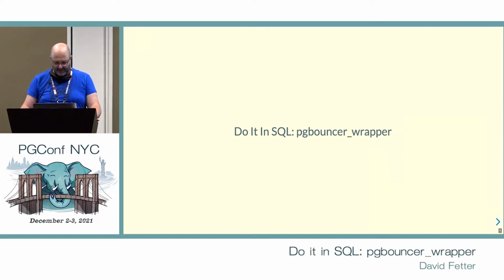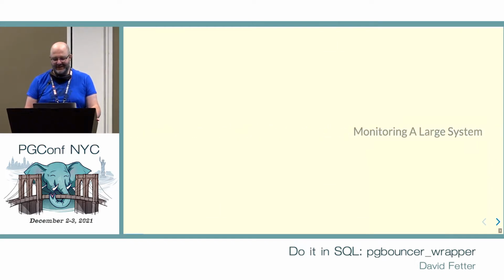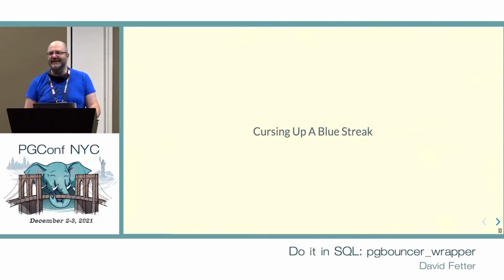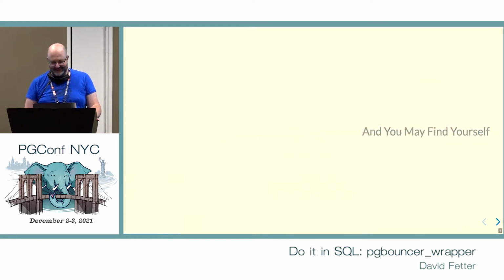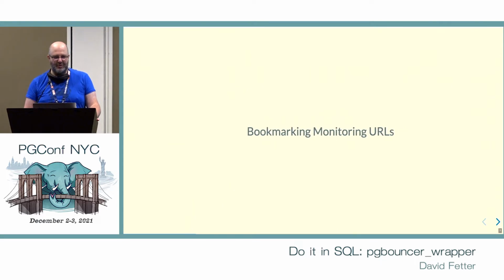So here we go. Let's put on the ops hat. You may find yourself monitoring a large system. You may find yourself cursing up a blue streak. Anybody done that recently? You may find yourself bookmarking monitoring URLs. This is a relatively new thing, but not that new.